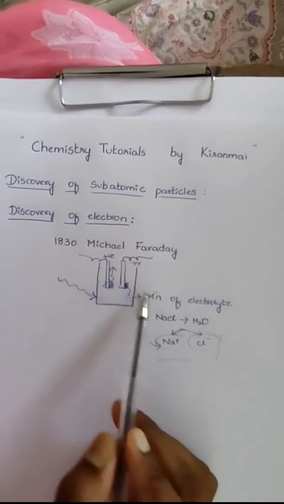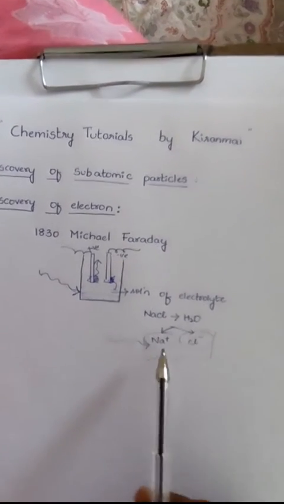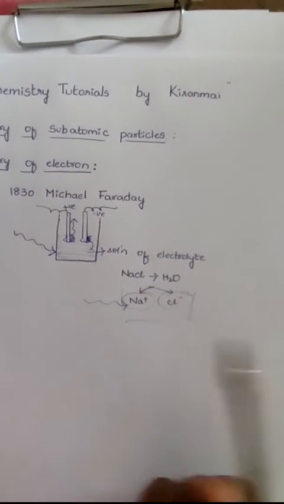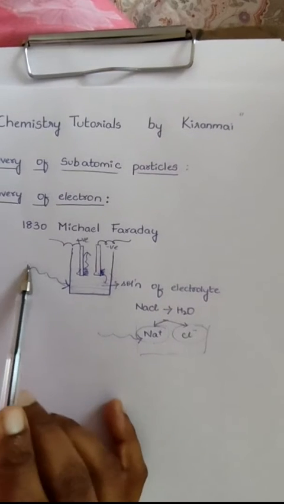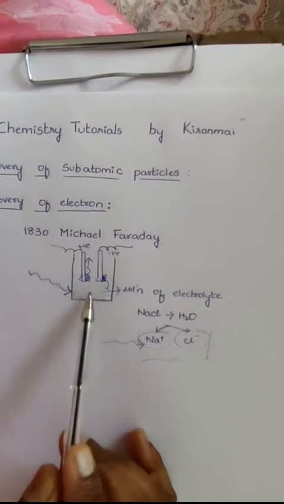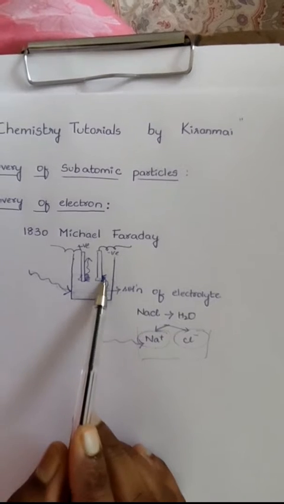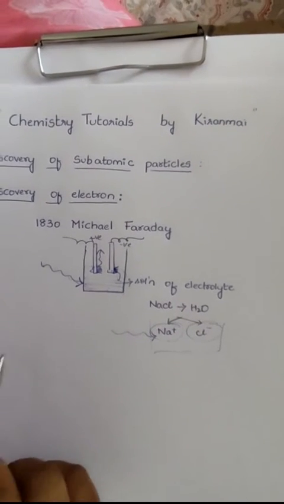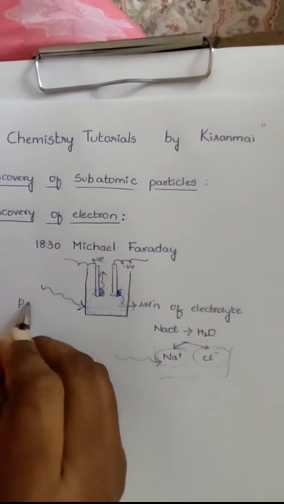The solution has Na+ ions and Cl- ions, but when electricity is passed, we observe chemical reactions and liberation and deposition of matter. This result suggests that there is a particulate nature of electricity.